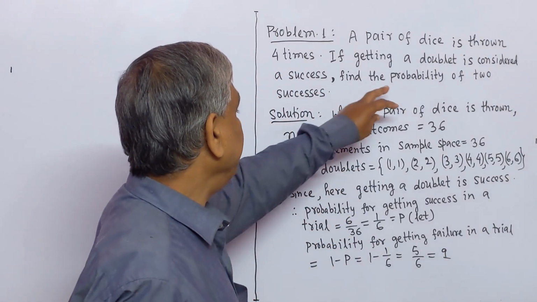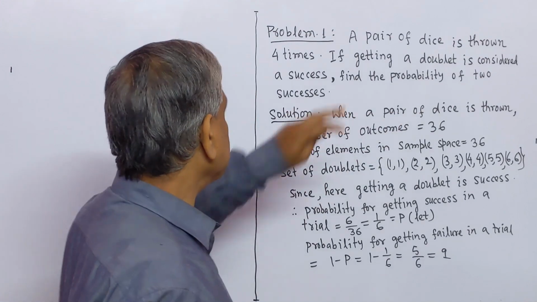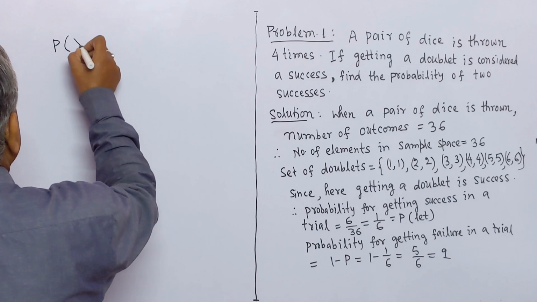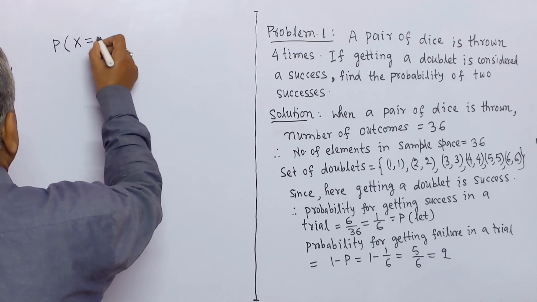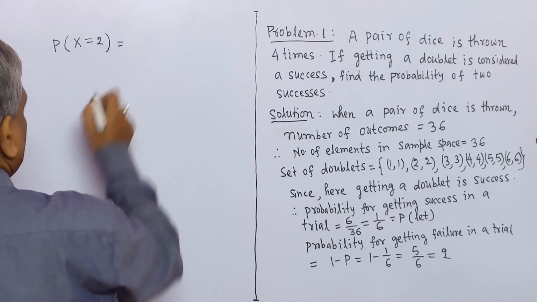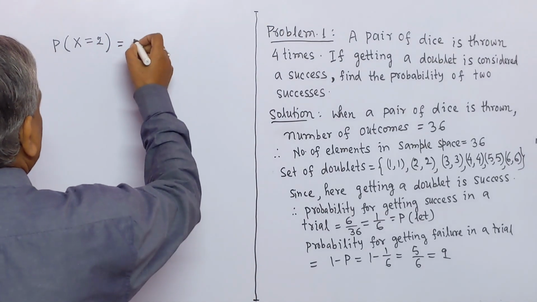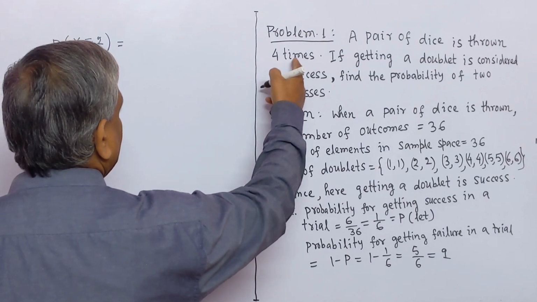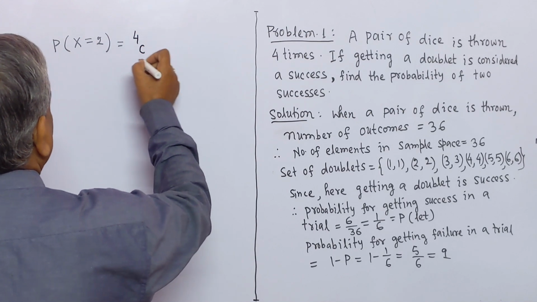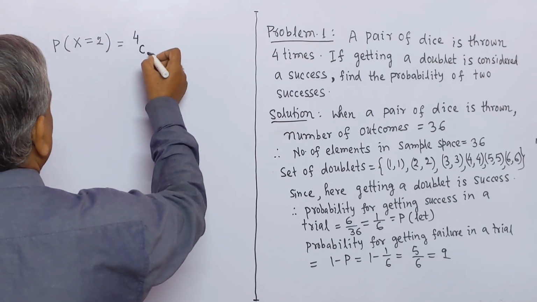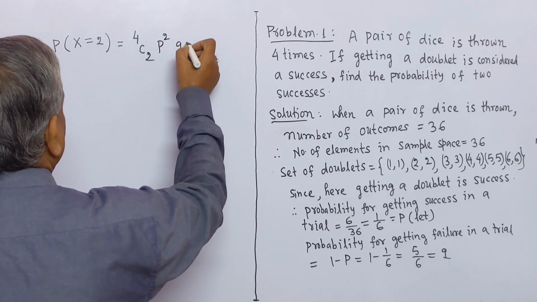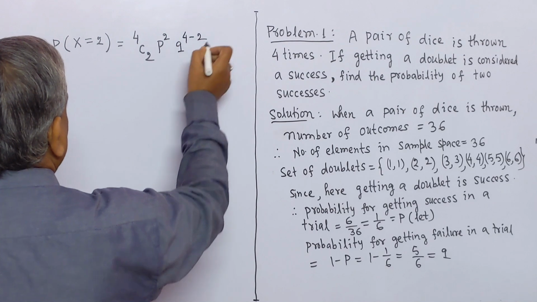Here we have to find probability of 2 successes. Probability for 2 successes means probability for random variable x equal to 2. And we know the formula. Number of trials be 4, so 4C number of successes be 2, p to the power 2, q to the power 4 minus 2.